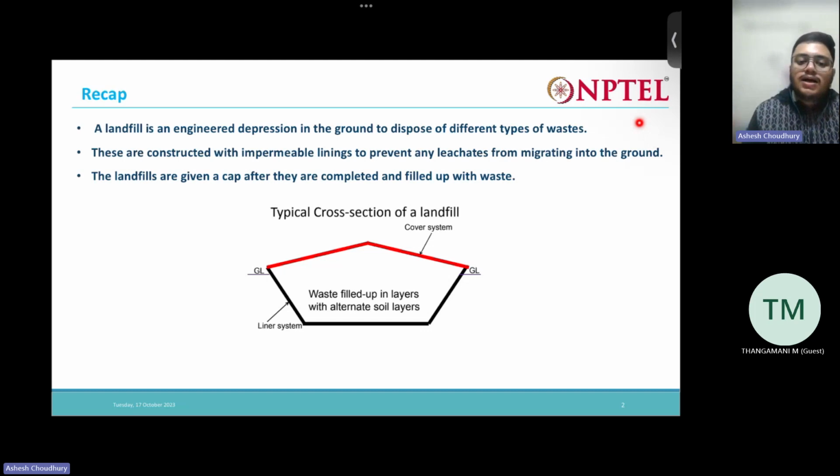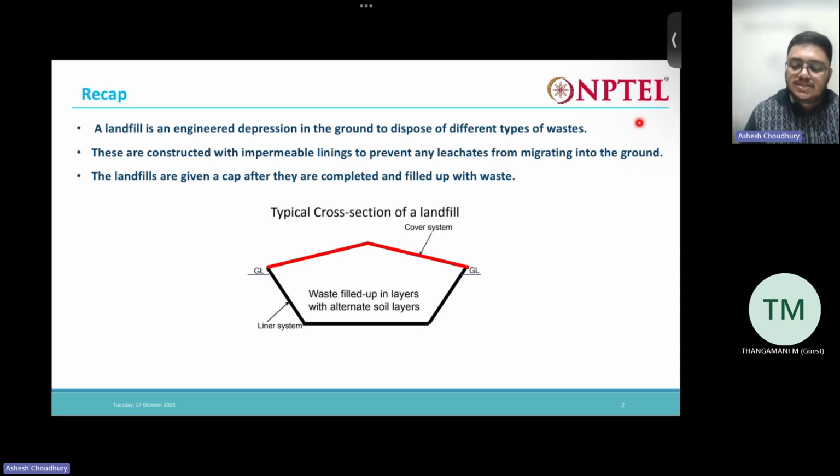After we have filled the waste up to that specified level, we cover the landfill so that we can seal it properly. This cover system is also designed so that the place which was initially a landfill can actually be reused. As we all know, there is a huge scarcity of space nowadays, right?